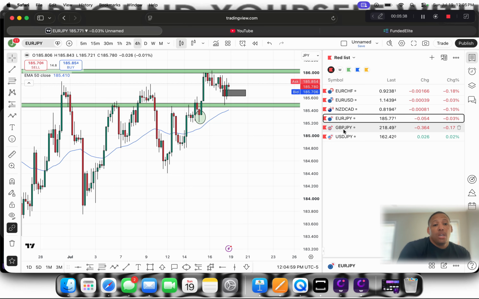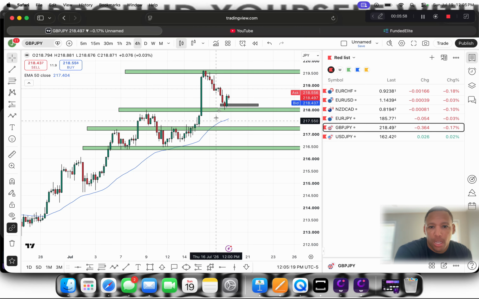What I'm done doing is saying we're at a daily zone and this is a major level, and not taking trades based off me trying to control, bro, trying to play God. I'm trading what I see. This one looks like a buy, we can take it if we want, right?